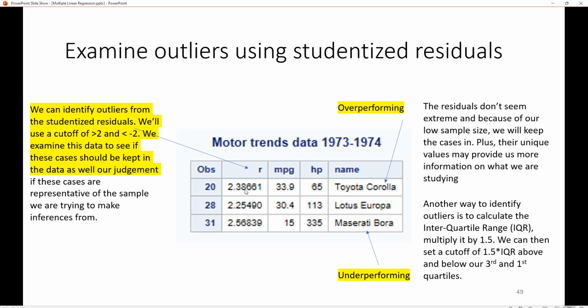For example, an overperforming car would be the Toyota Corolla. Its miles per gallon were 33.9, so it had the best MPG.